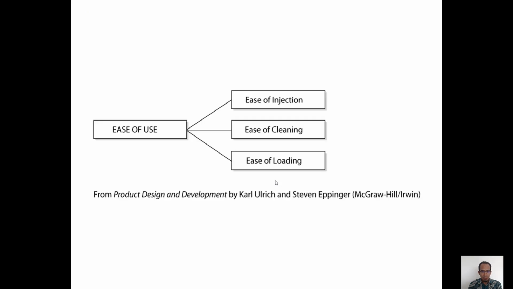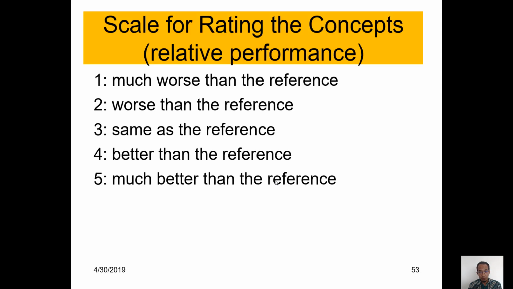Okay, for example, let's focus on one of the attributes which is ease of use. We could break down ease of use in terms of ease of injection, cleaning, and loading. And we have a scaling for rating the concepts, which is 1 much worse than the reference, 2 is worse, 3 is the same, 4 is better, and 5 is much better than the reference.